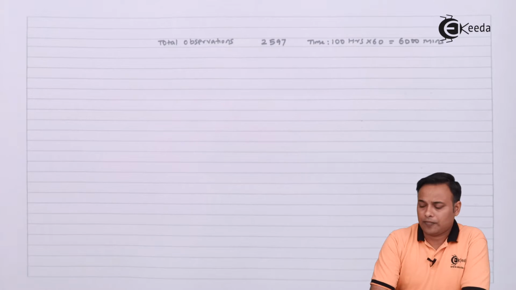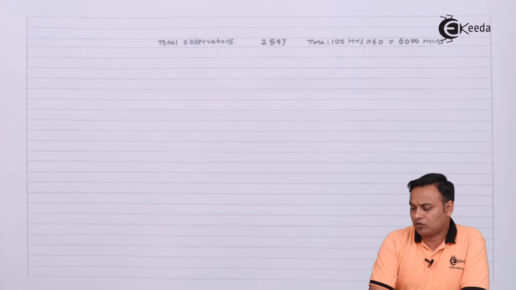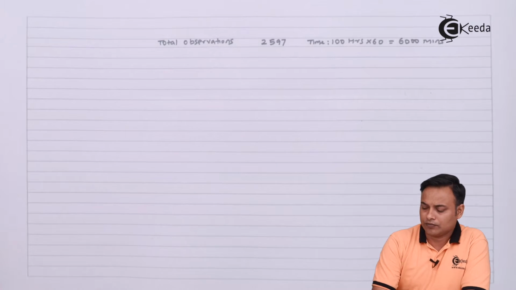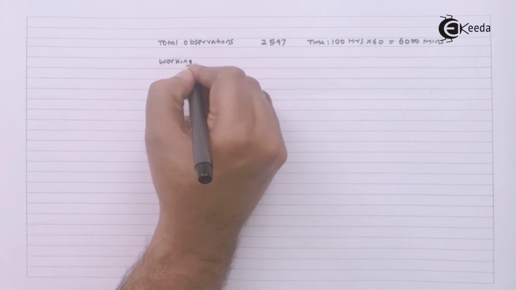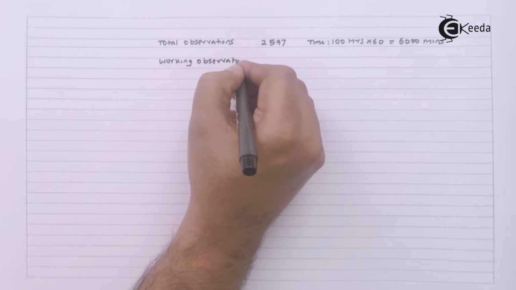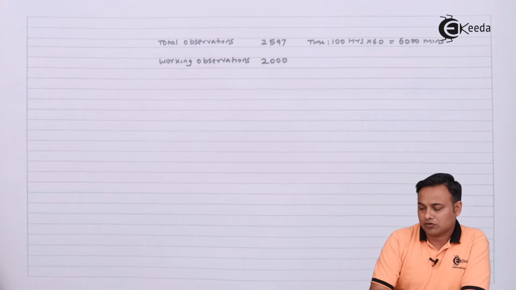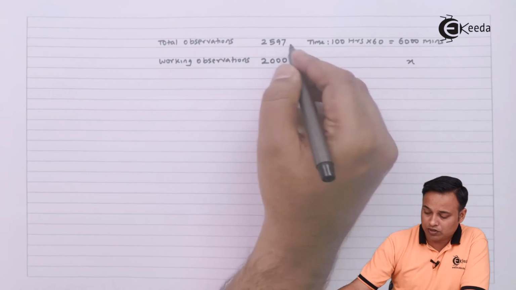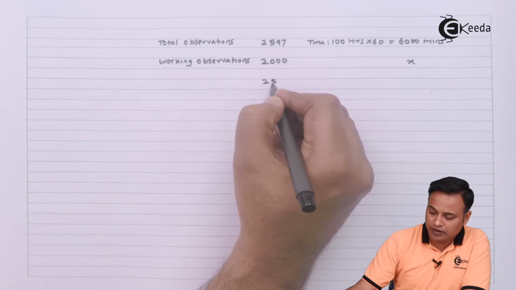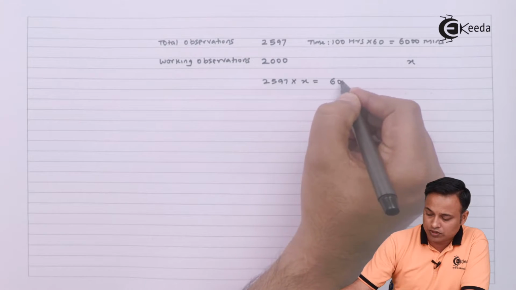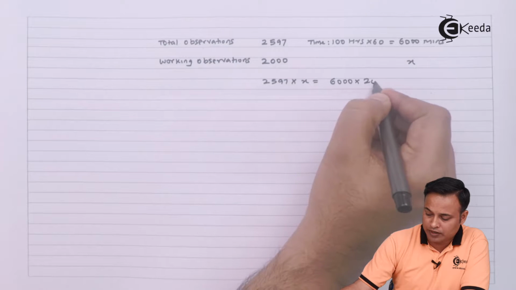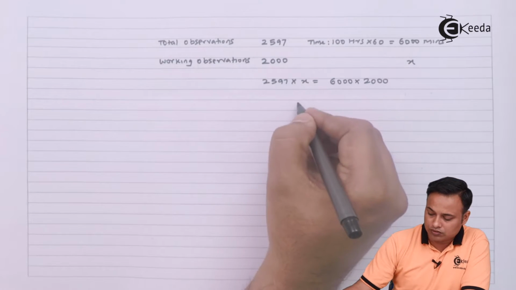So what I will say, if I'm observing someone for 2597 times, out of which the working observations, so we'll put a x here and we'll do the cross multiply, that is 2597 multiplied by x equals to 6000 multiplied by 2000.